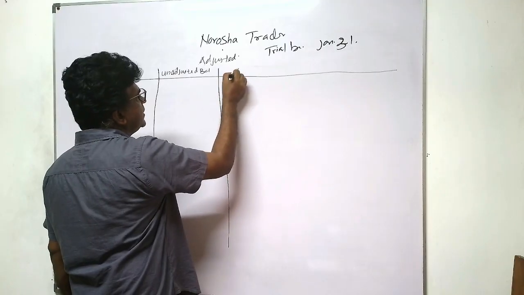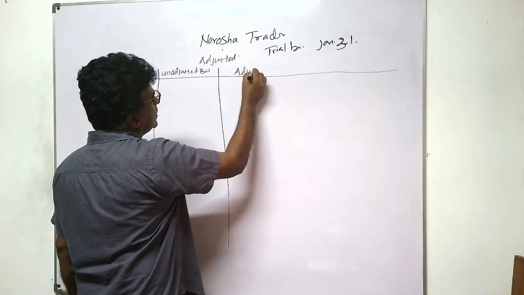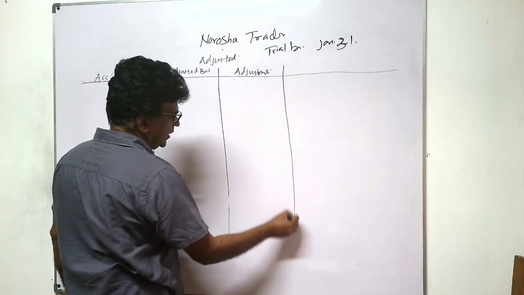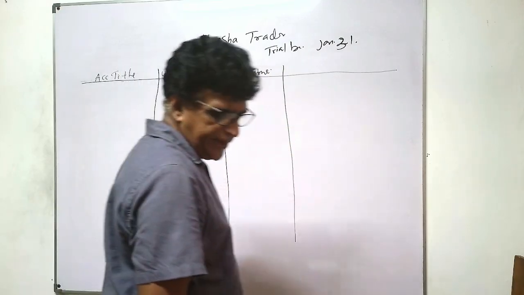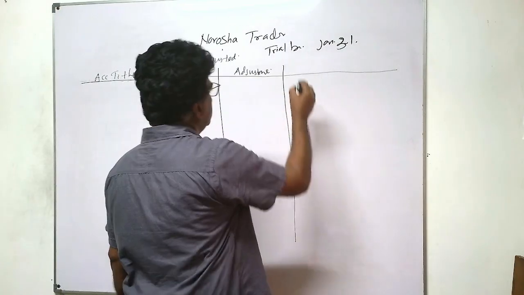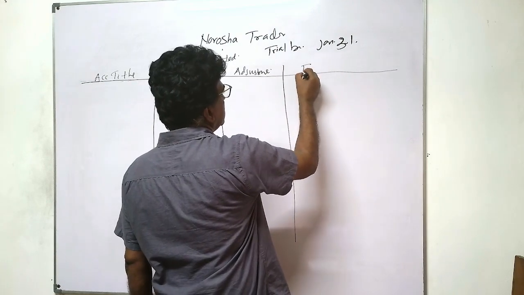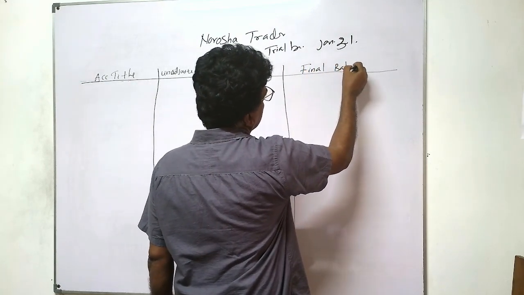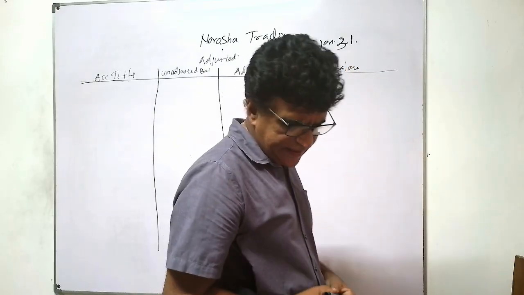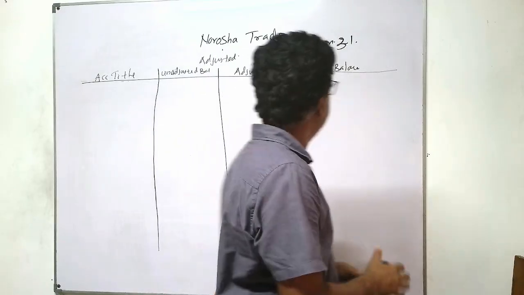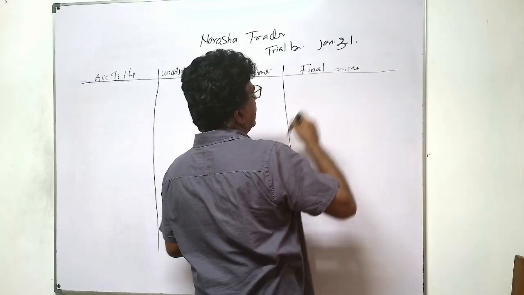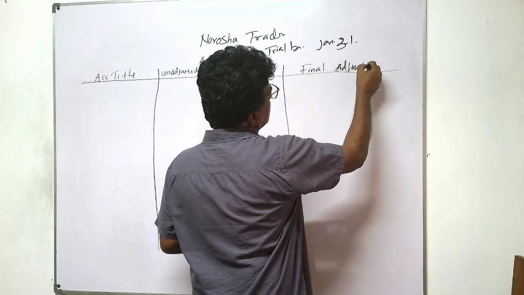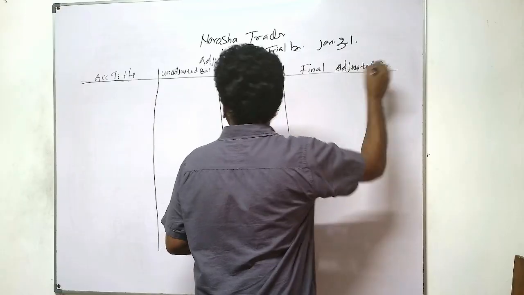And we have another column, the adjustment column, right? And the final amount. Final balance, right? We'll say final adjusted balance.